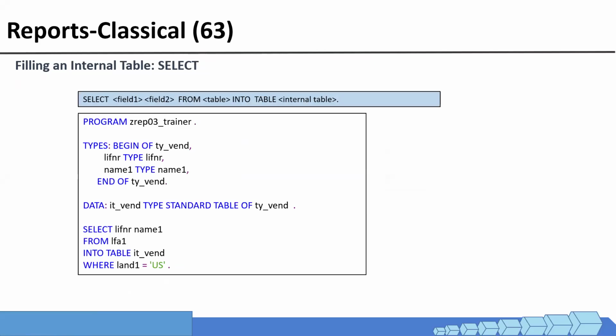This is another way of inserting the data in the internal table. Select statement. Without this, no ABAP program. Right? What are we doing here? See the code and tell me what we are doing here.